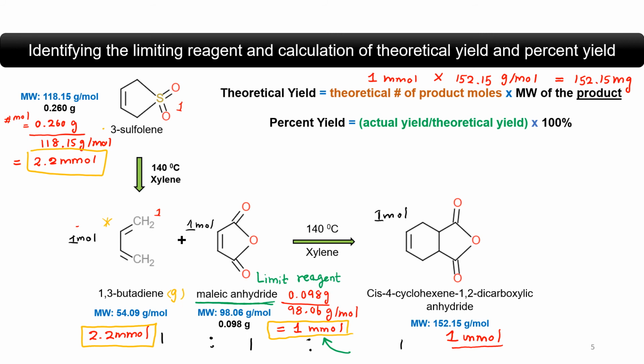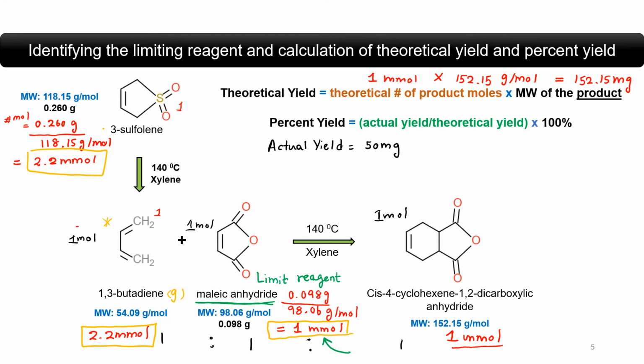The percent yield is going to be based on how much we actually got in the experiment. Let's say from the experiment you got an actual yield of 50 milligrams of this product.